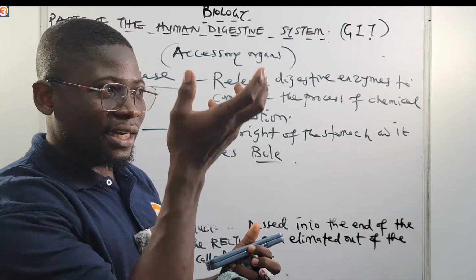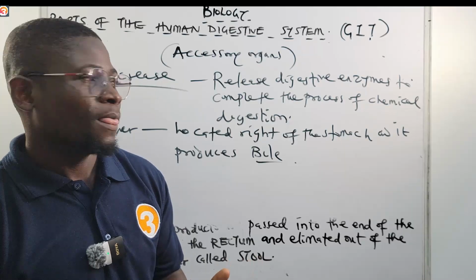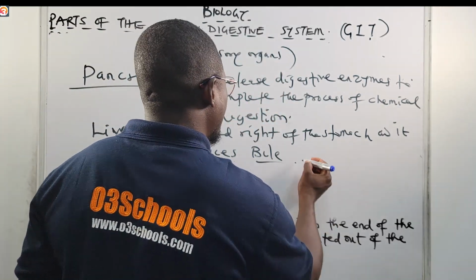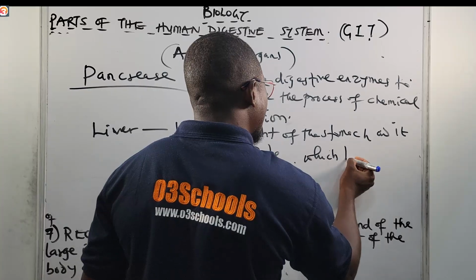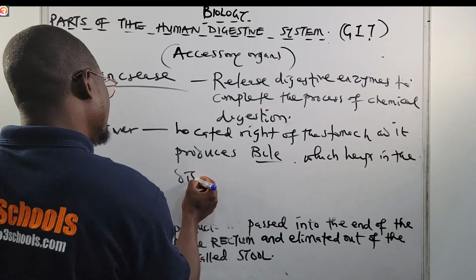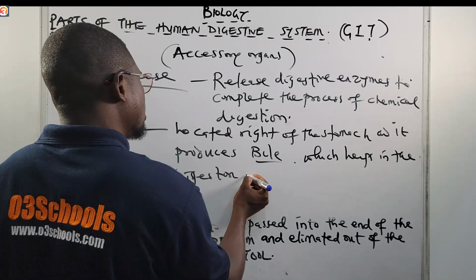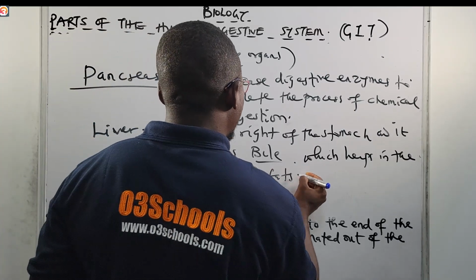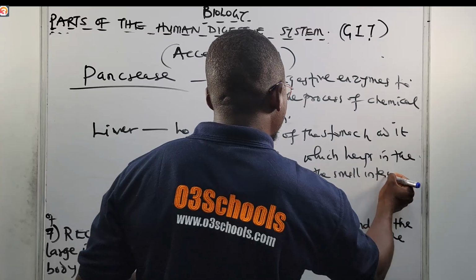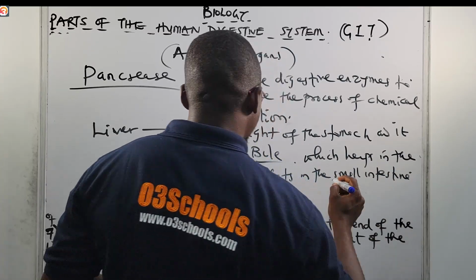That bile is located under the liver. It produces bile, which helps in the digestion of fats in the small intestine. So that is the liver.